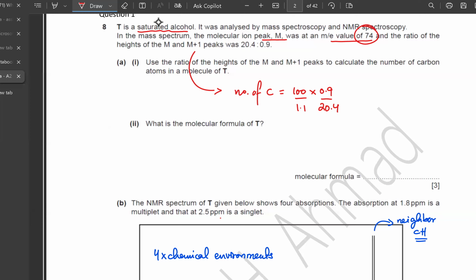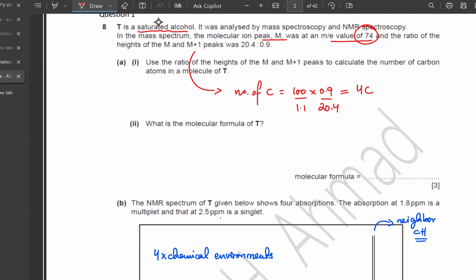Sir, 4. It's 44.1. Not 44.1. I'm getting 4. Okay, you got 4 carbon atoms.